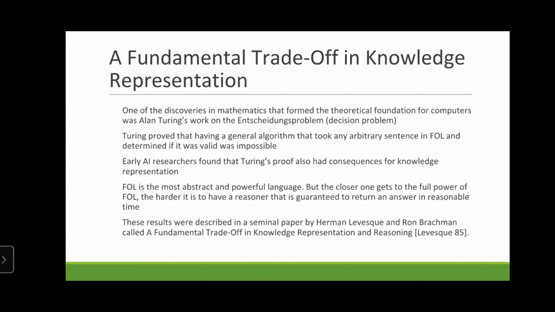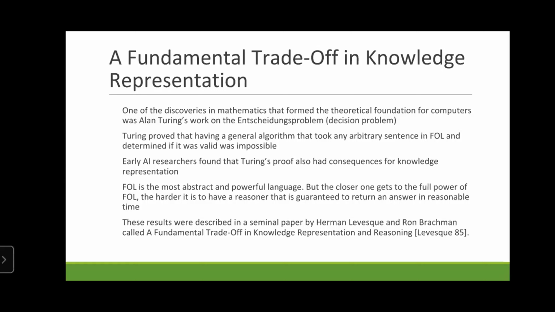So that means that you can never have a language with the full expressive power of first order logic and have an automated reasoner that is guaranteed to finish and guaranteed to return a result. And what this early research in AI did was to extend that finding from Turing to a more general trade-off.